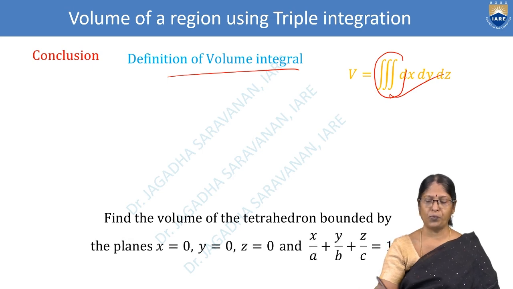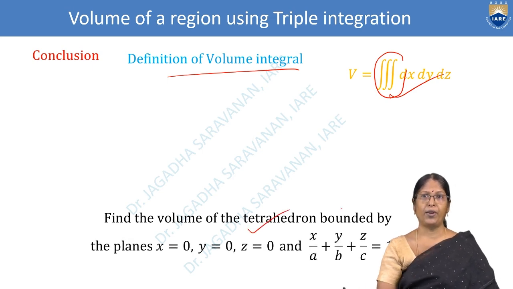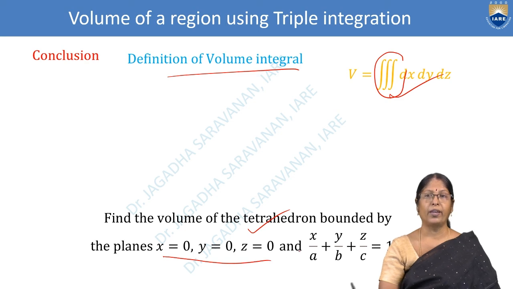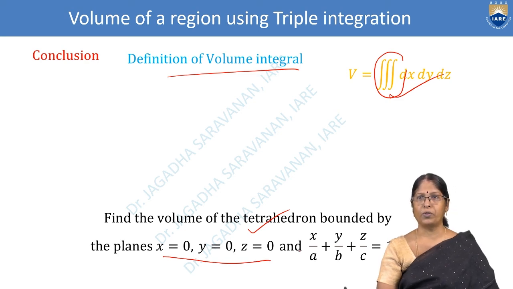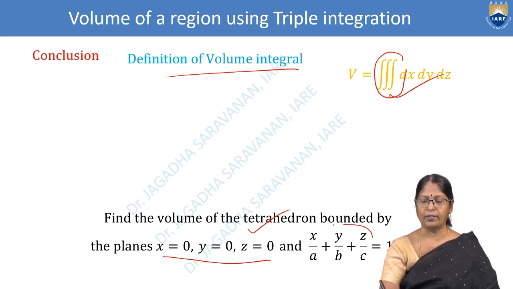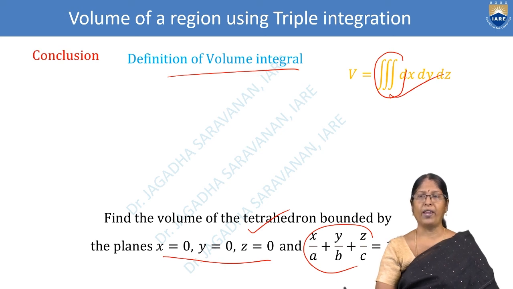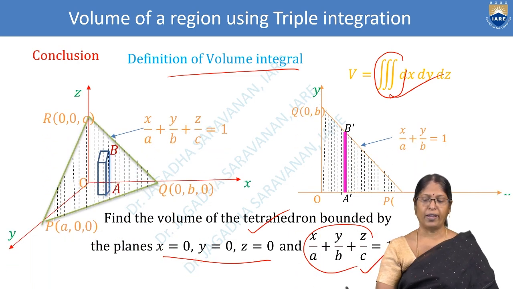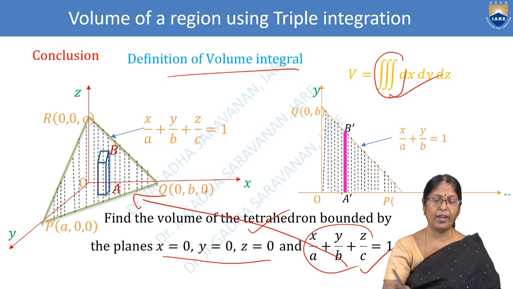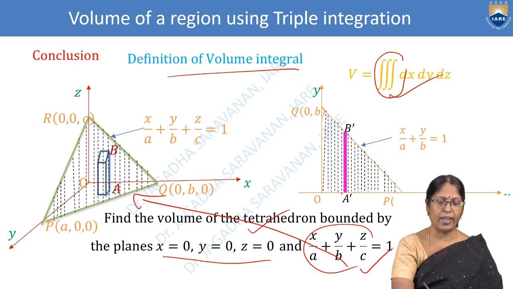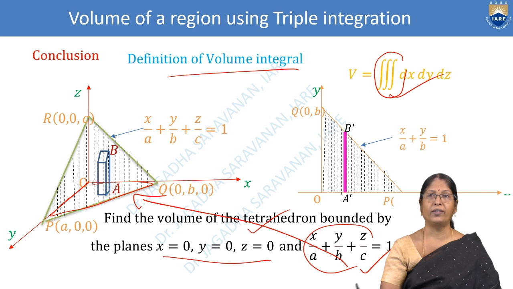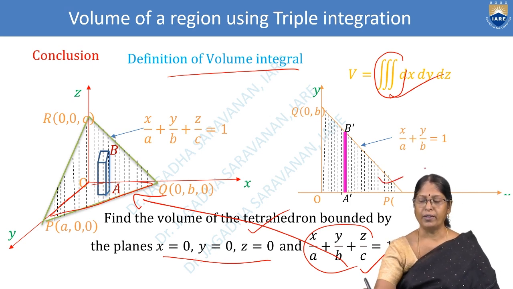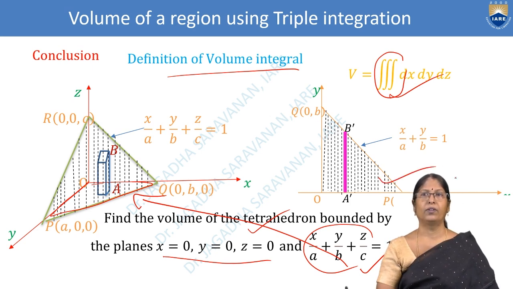For that, first we have taken a tetrahedron. These are the conditions: x equal to 0, y equal to 0, z equal to 0, and the three-dimensional plane x by a plus y by b plus z by c equal to 1. So we did the diagram according to this plane, and the xy plane is drawn separately to increase the level of understanding.